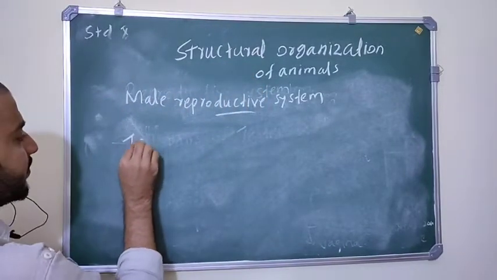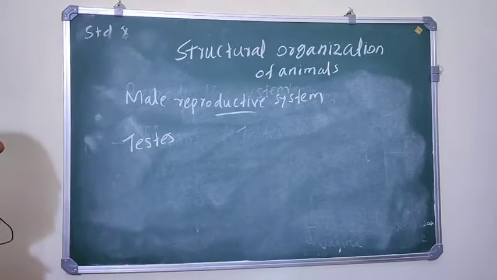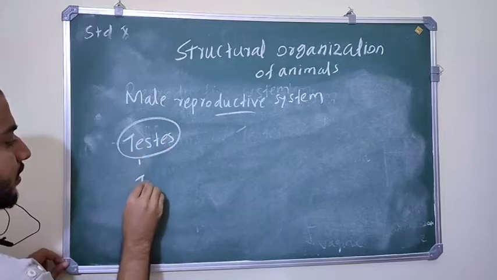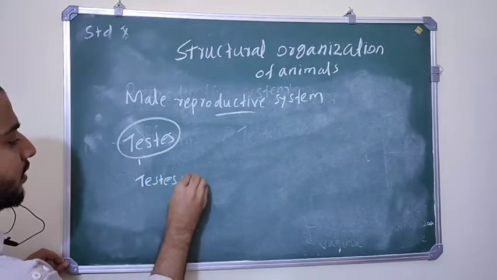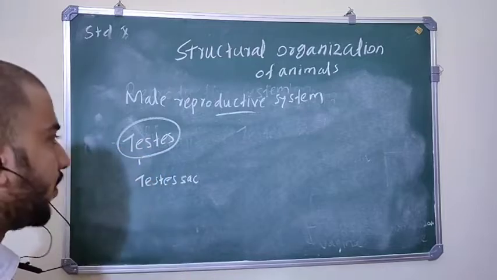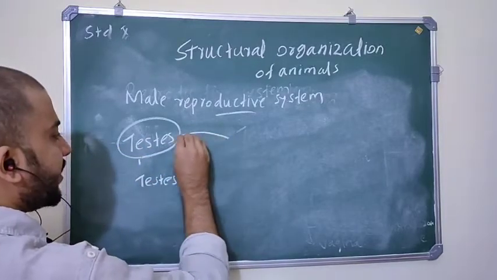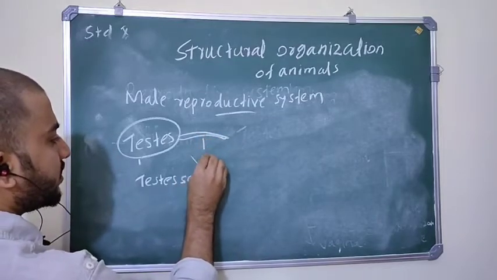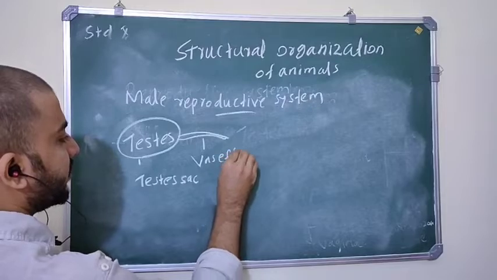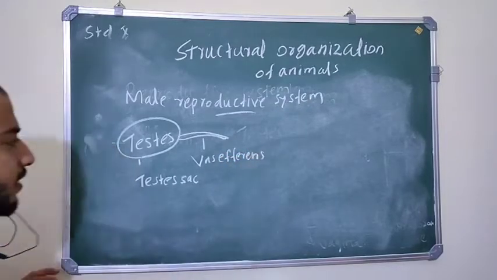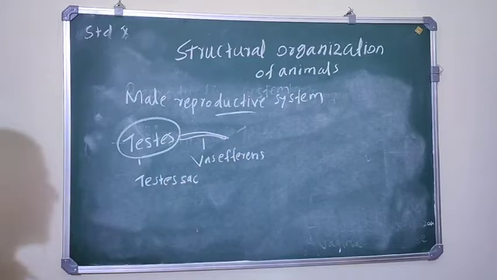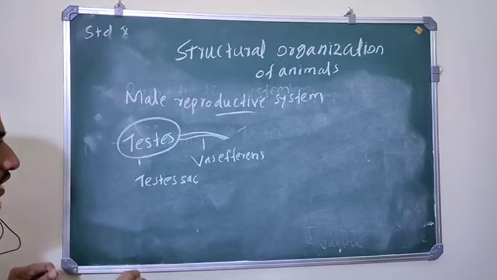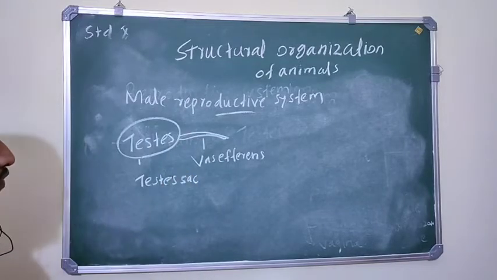So the testis forms a testis sac, and within this testis sac the testis is formed. From this testis, a short duct is forming. That duct is called vas efferens. This is the testis, and from it a short tube-like structure forms, called vas efferens.